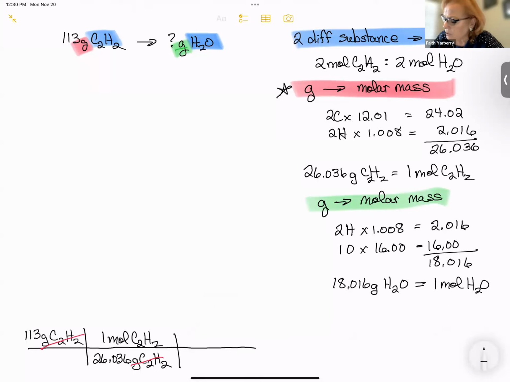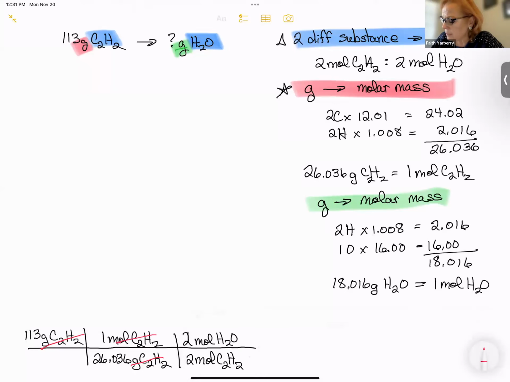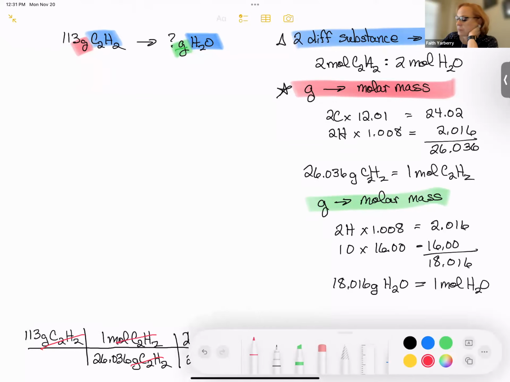Now we can convert into anything else using a mole to mole ratio. So we're going to use the conversion factor we developed. We're going to place the 2 moles of C2H2 in the denominator with the 2 moles of H2O in the numerator. The 2 moles of C2H2 are placed in the denominator so that the unit and the substance cancel, leaving us moles of water.